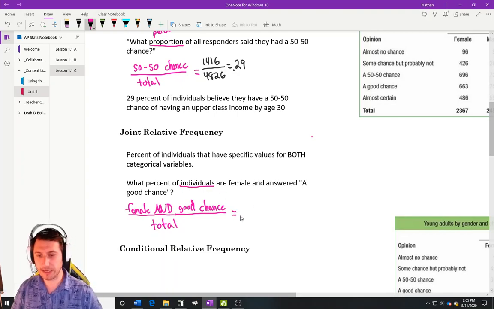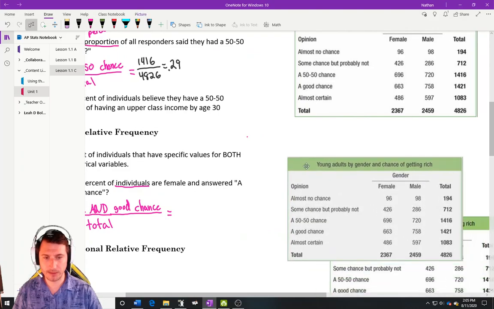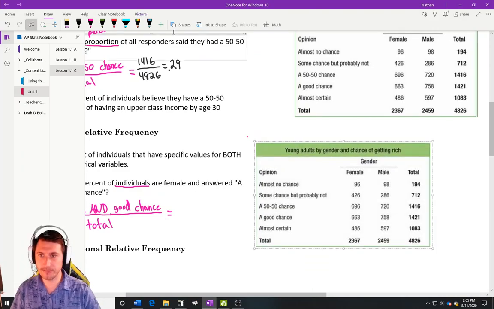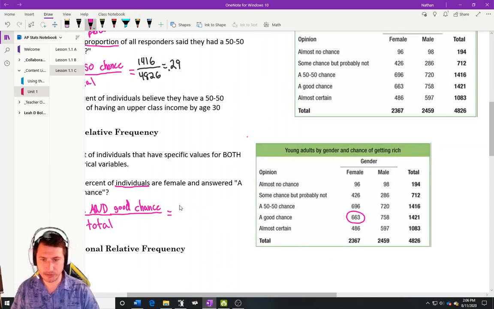So now that I have my fraction written out, I just have to go to the table and find those numbers. Let's bring this up back over here. What do we got here? So female, start here, and a good chance is right here. So 663 out of the total 4,826.